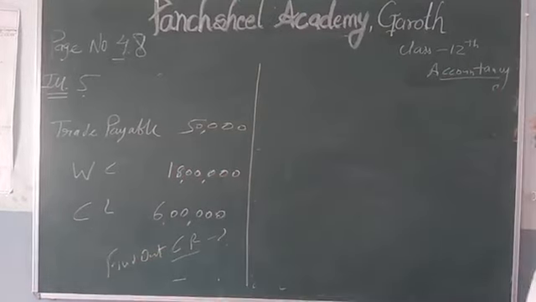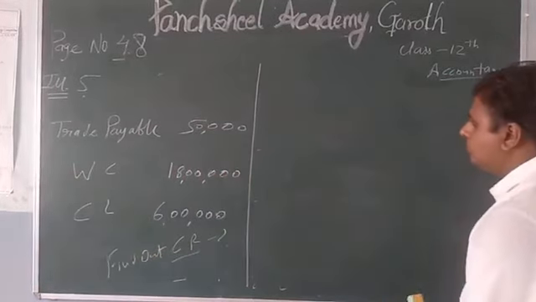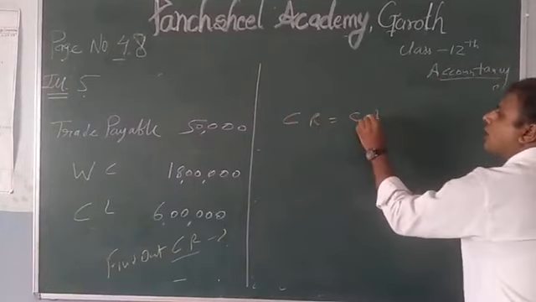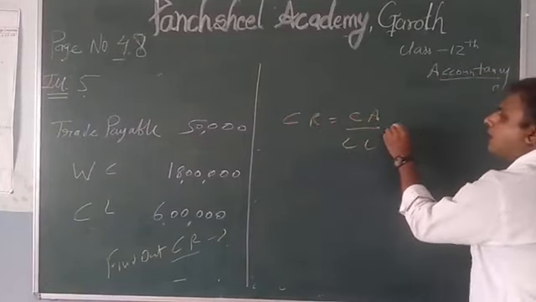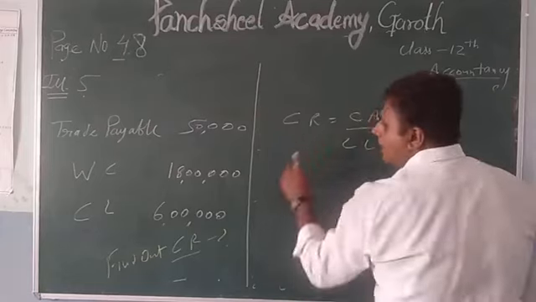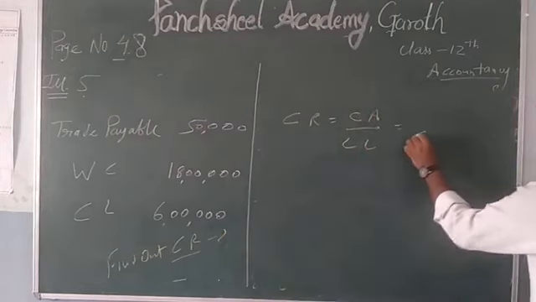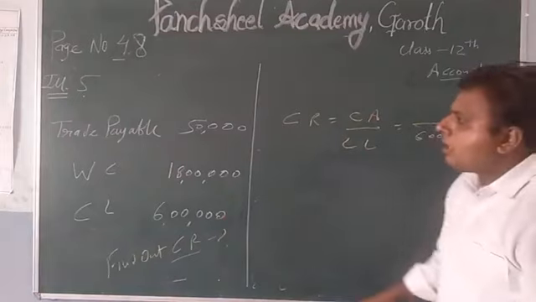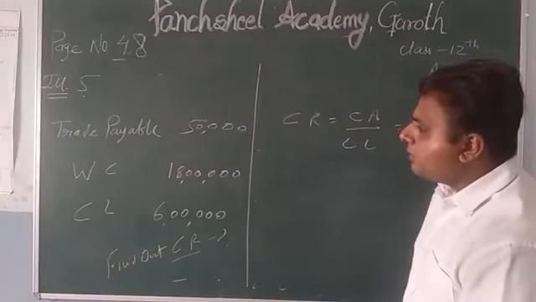How will you find out current ratio? As you know, see the solution. Current ratio is equal to current asset divided by current liability. Here the current liability is given 6 lakh. But the current asset is not given.